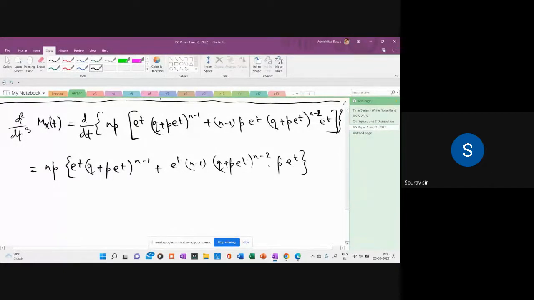Next, what we have is this thing. We have n minus 1 into p, and next we have e to the power 2t, whose derivative is going to give me 2 into e to the power 2t.